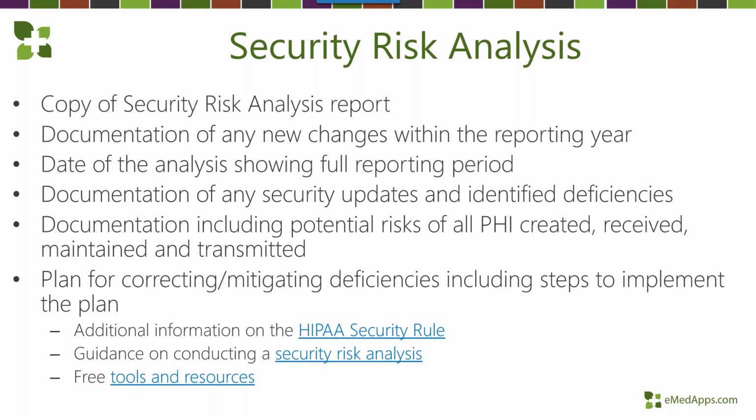Any kind of potential risks of PHI, and a plan for correcting and mitigating any of those deficiencies, including steps to implement your plan. Included is some additional information regarding the security rule, guidance on your security risk analysis, and some free tools and resources related to that analysis.